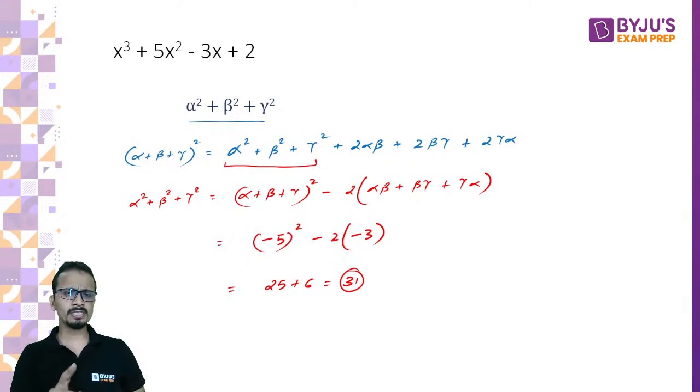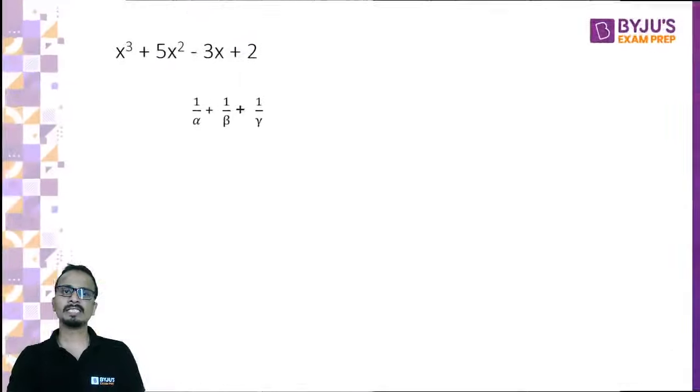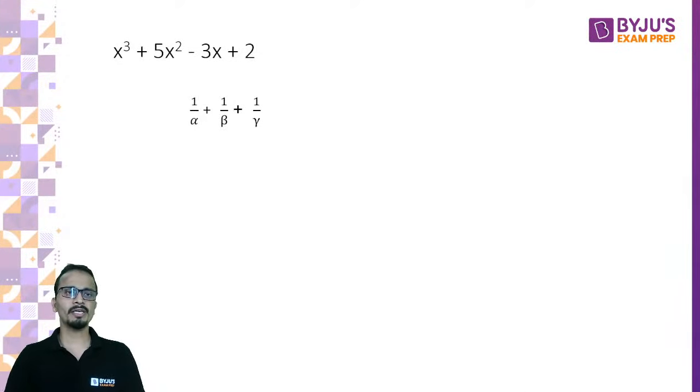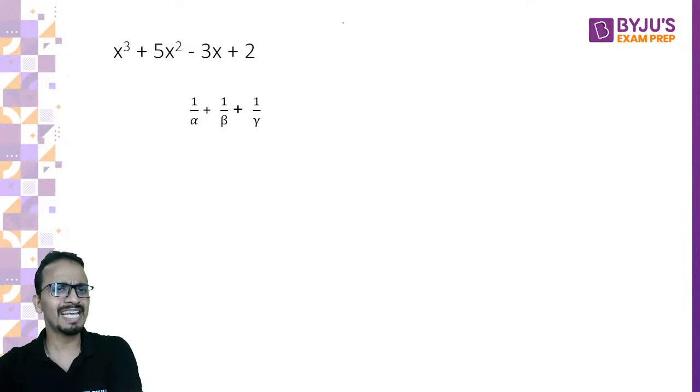So friends, this is how we calculate the value of alpha square plus beta square plus gamma square using the value of the expressions that we have calculated related to the roots of this equation. Now let's take one more equation. Similar equation, same equation I believe.